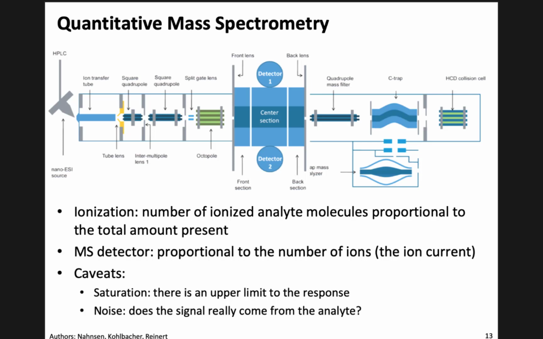But let's assume we have a source that really gives us a number of ions at the entrance of the mass spectrometer that is proportional to the concentration of the analyte. Then you can still have these saturation effects here in the trap part. And you can also have saturation effects in the analyzers. What is shown here is an Orbitrap analyzer. Who has ever seen an Orbitrap?